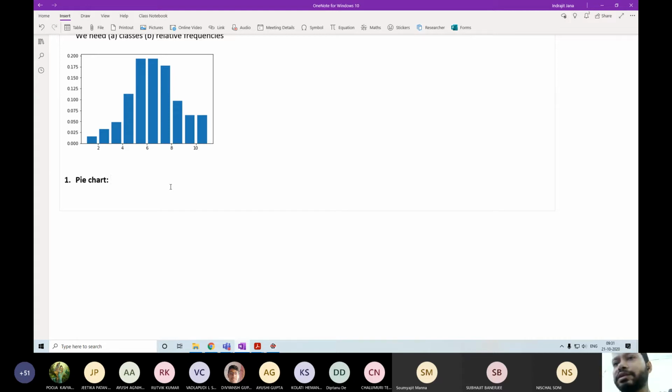So how do we do this? Usually this is used to show a comparison of numerical data coming from different categories.